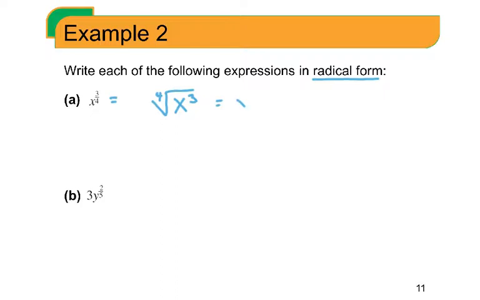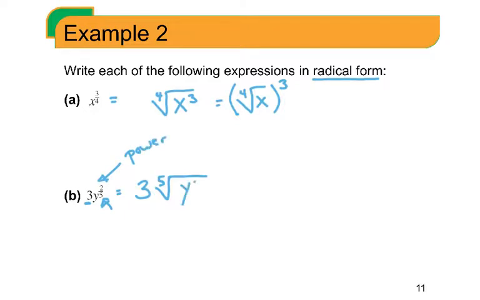Technically, it's also the fourth root of x, cubed. Now, is this 3 being raised to a power? No. So the 3 is outside of this radical sign. The root is in the denominator. The power is in the numerator. This is y squared. Okay?